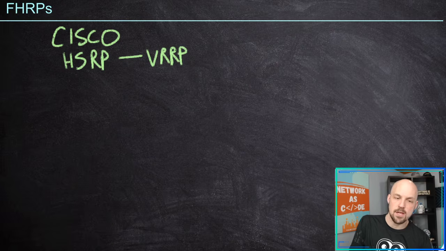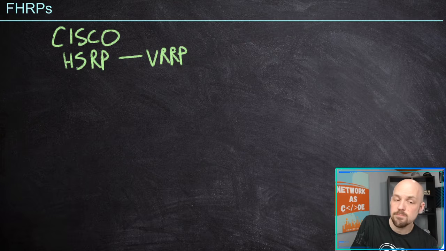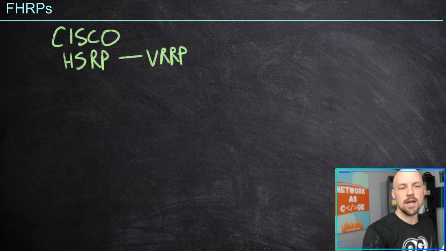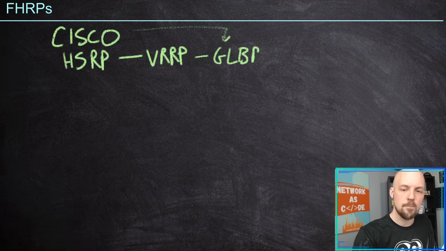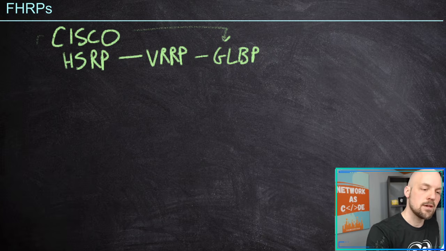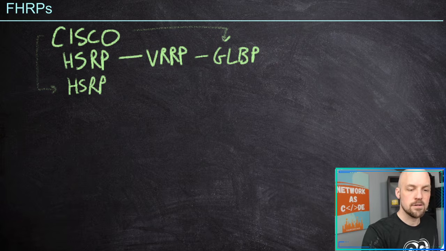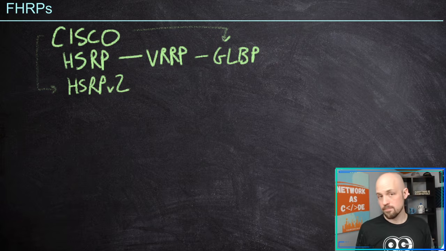That would be the industry standard version. And then Cisco had another idea, and so they decided to create another FHRP called the Gateway Load Balancing Protocol. And incidentally, they updated HSRP via HSRP version 2.